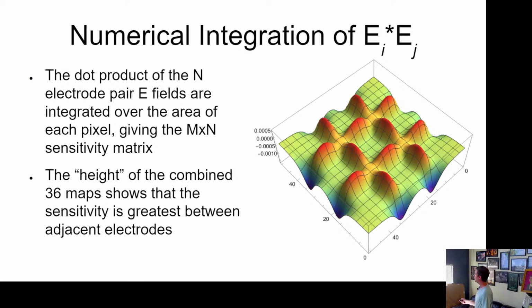And that makes sense because you think about opening up the capacitor, you've made a capacitor with a tiny little area on one side. So the electric field is going to be strongest right in between them, and that's where you're going to have the highest amount of sensitivity for detecting things.